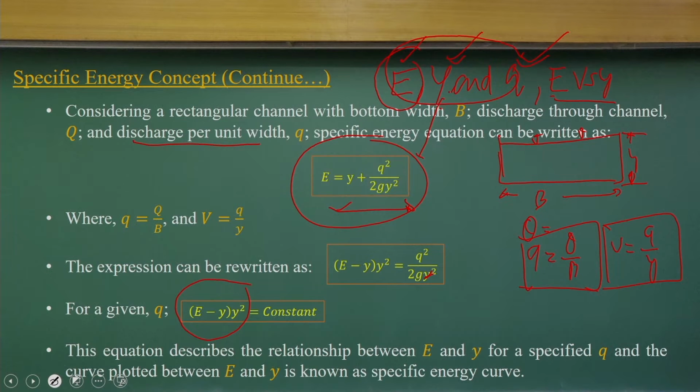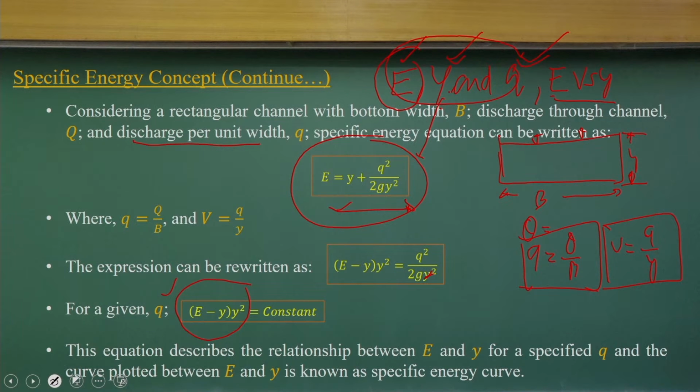This is a cubic equation, and you can get the solutions for y. That means if q is a constant, we can get solutions of y for a given E, or we can develop the solution curve for this cubic equation, where we can get the behavior of the curves.